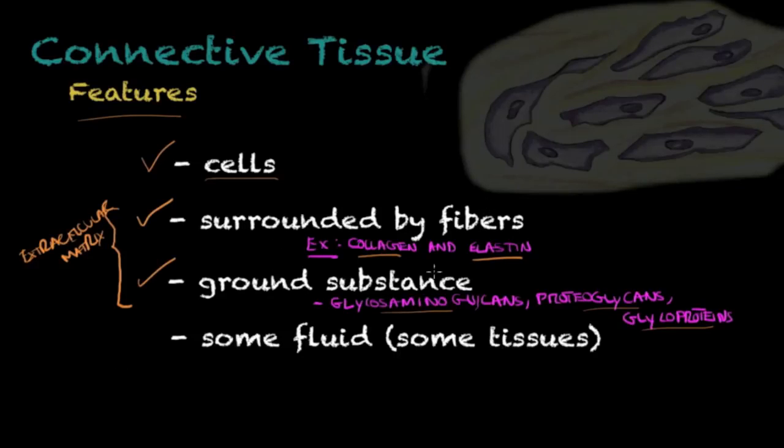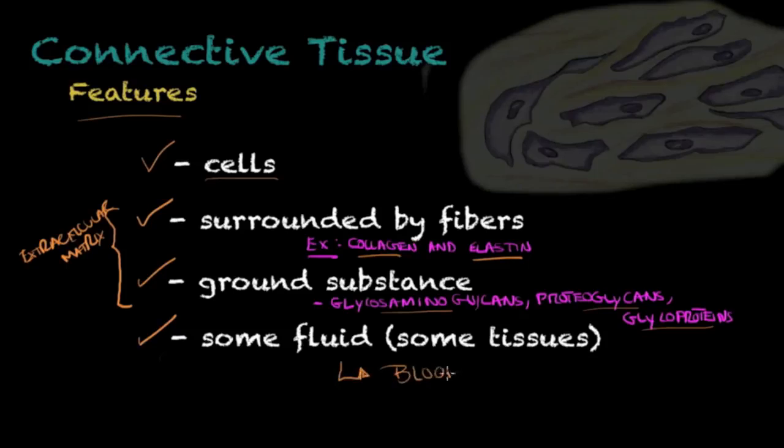Now, the fibers will vary, and the type of ground substance as well, depending on which one you're looking at. The last thing that you need to know about the characteristics of connective tissue is that you will sometimes see some fluid in some of the types of connective tissue out there. One example is blood.